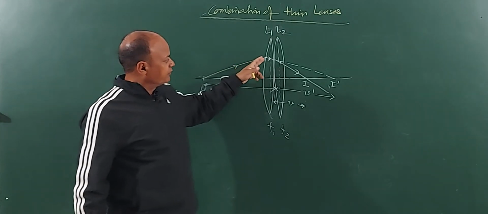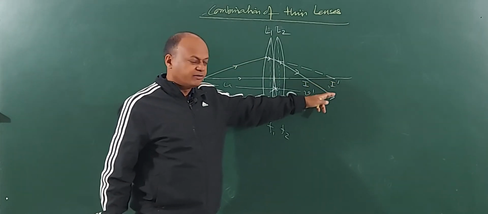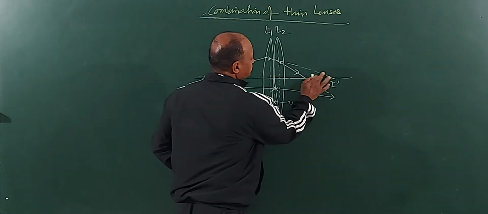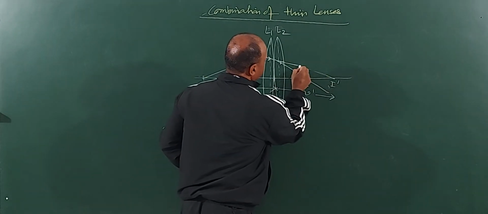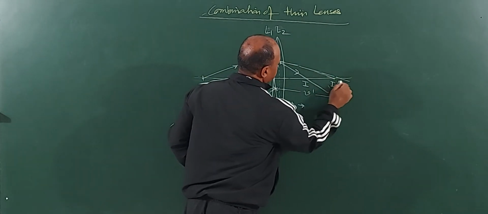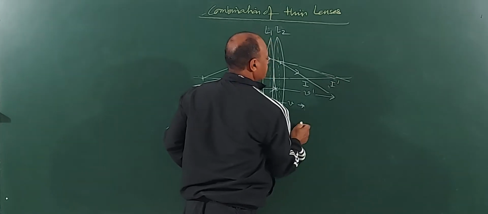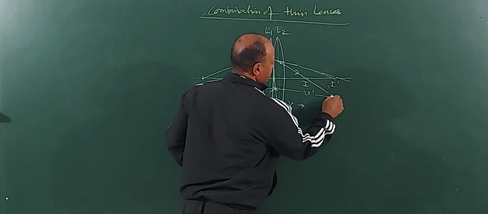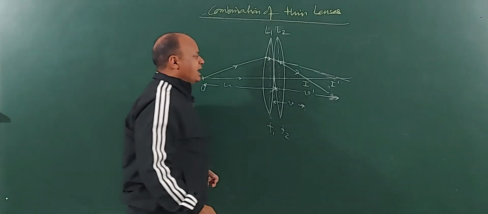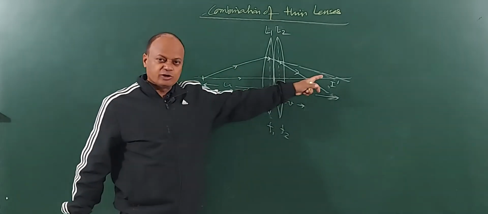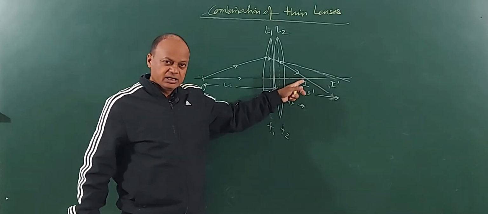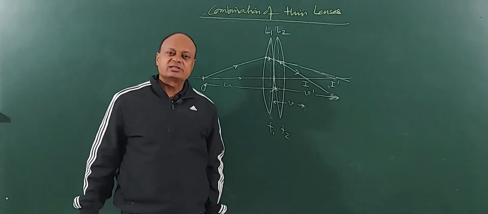Due to refraction at the first surface, I am getting image I dash. Clear? I dash is acting as a virtual object for the final image I, which is formed due to refraction at the second lens.